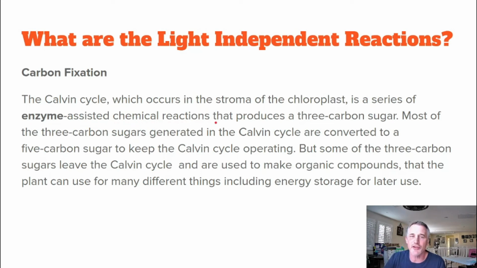Most of the 3-carbon sugars generated in the Calvin cycle are then converted to a 5-carbon sugar to keep the Calvin cycle operating. But every once in a while, they pull out some of these 3-carbon sugars, and they're used to make a 6-carbon molecule called glucose, which is basically energy stored for later use. Again, think of it as a higher denomination, right? A $100 bill instead of a whole bunch of ATPs, we can just get 1 glucose.